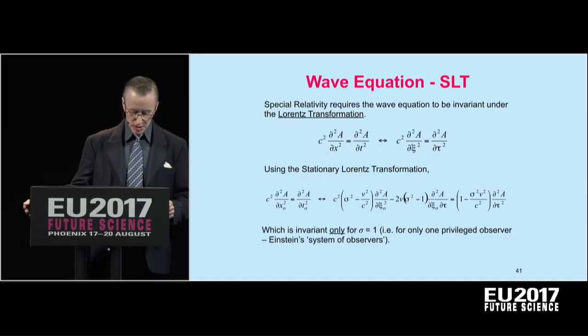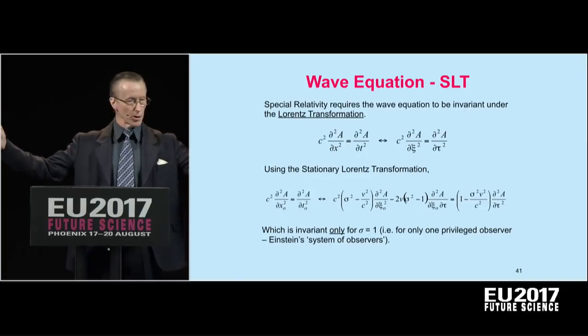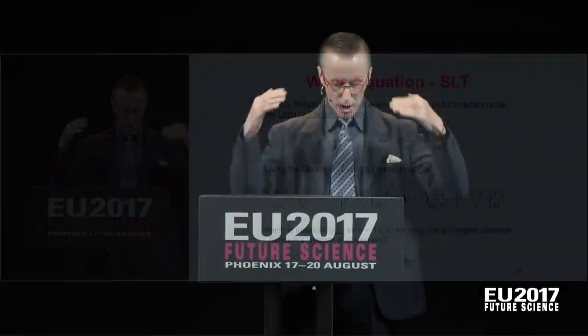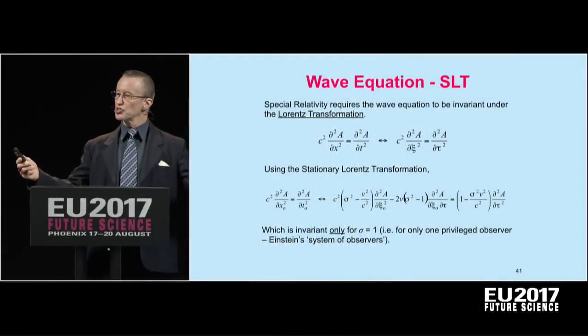So using the stationary Lorentz transformation, I take the counterexamples that I've constructed and I put them into the standard wave equation and I get the thing on the right. This is invariant only when sigma equals 1. Again, Einstein's privileged observer. If you put 1 in there, you see, it comes out to be the standard wave equation.